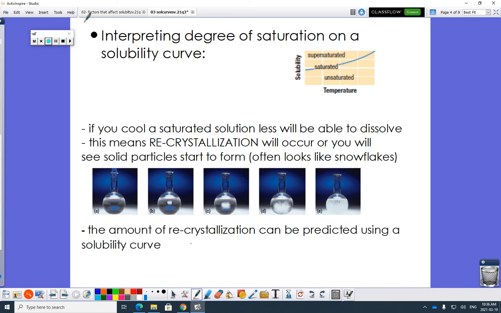That's one of the types of examples we can do. It often looks like snowflakes as it recrystallizes. You can cool it, you can sometimes agitate it, depending on the solution and its stability, to get recrystallization.